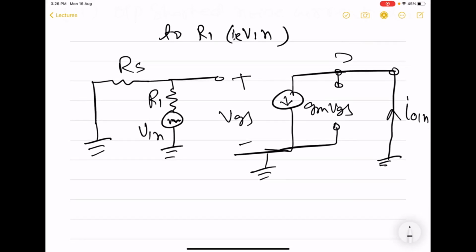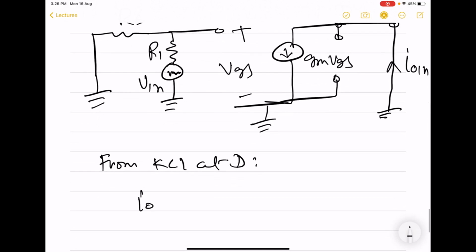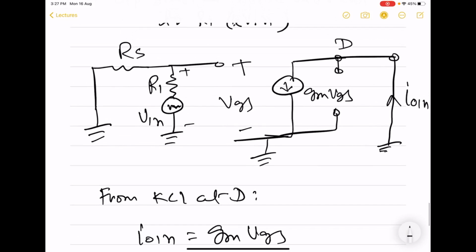Here also we find that IO1n is equal to gm VGS. Now VGS is the voltage across R1 and V1n, or alternatively, this VGS is the voltage across RS.